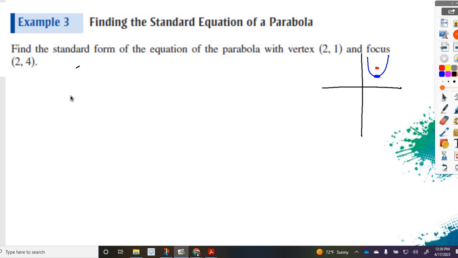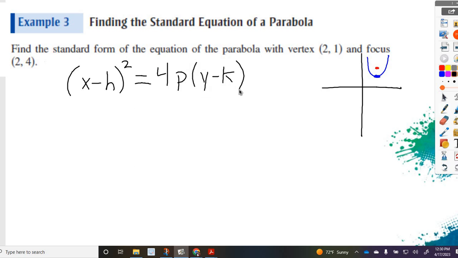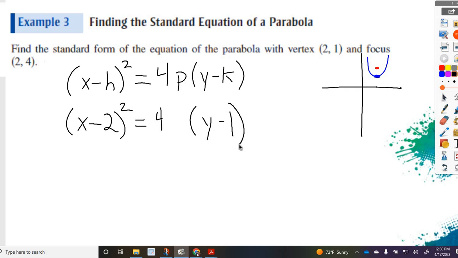So that tells us that we use our x minus h quantity squared equals 4p times y minus k. So what's our h value? What's our k value? One.